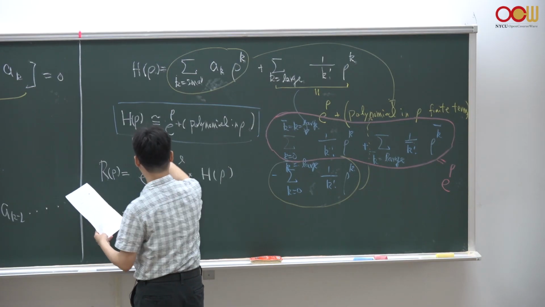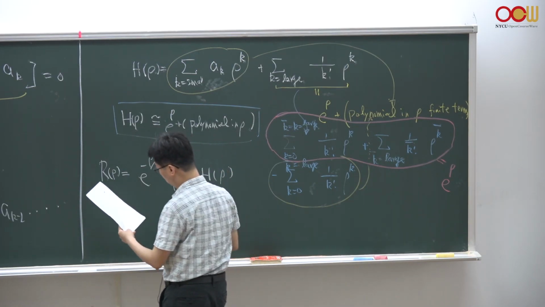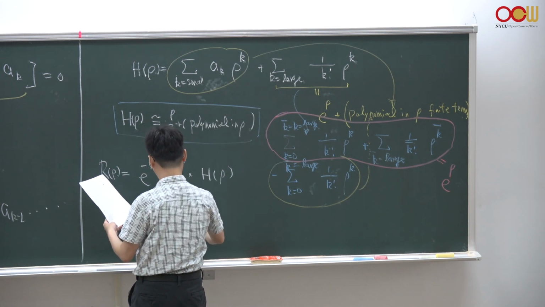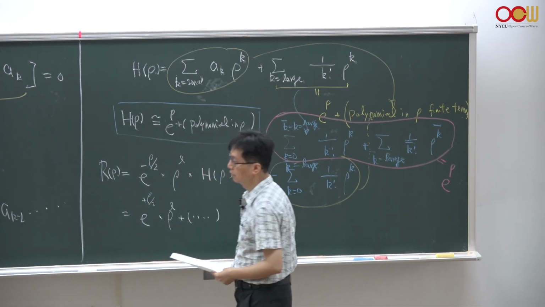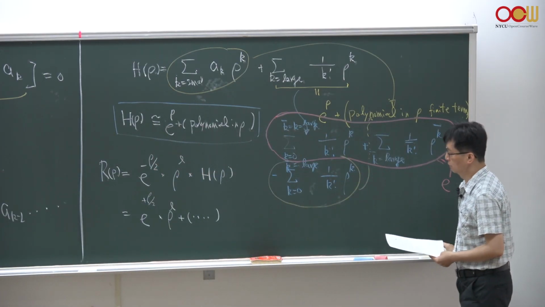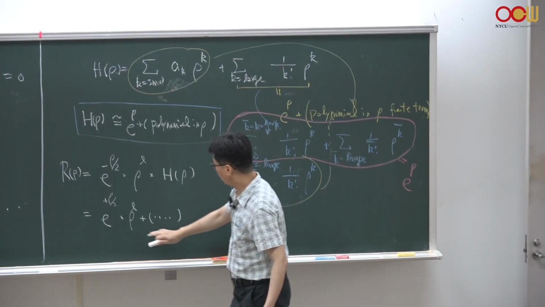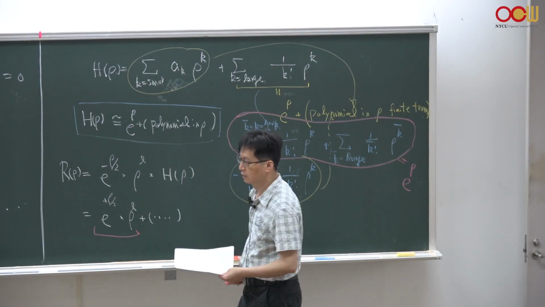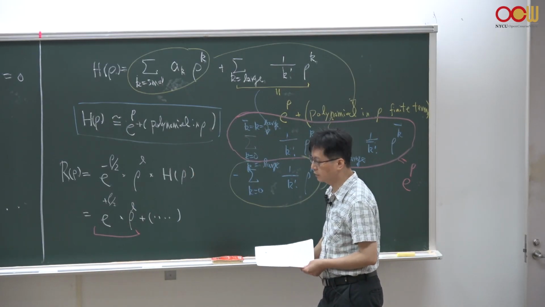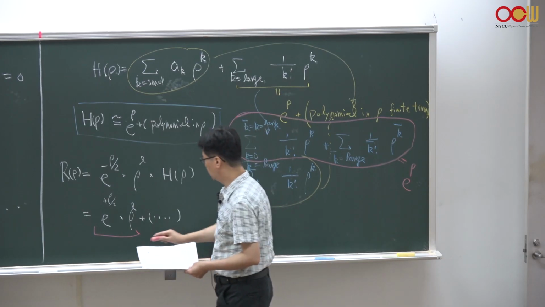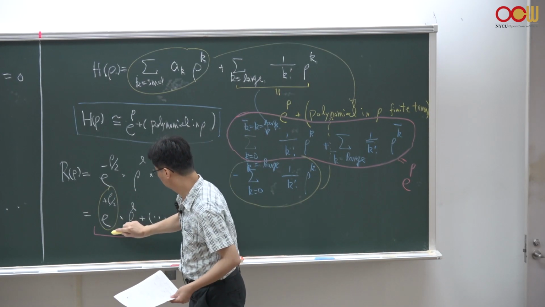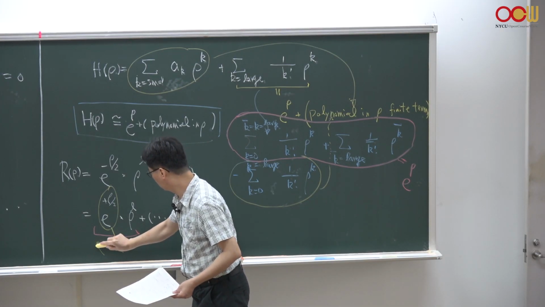Plugging in h of rho, you get R equal to e to the plus rho over 2 times rho to the power L, plus some polynomial in rho with a finite number of terms, which we don't care about. The troublemaker is this exponentially exploding term, e to the plus rho over 2, and this term becomes infinity when rho goes to infinity.